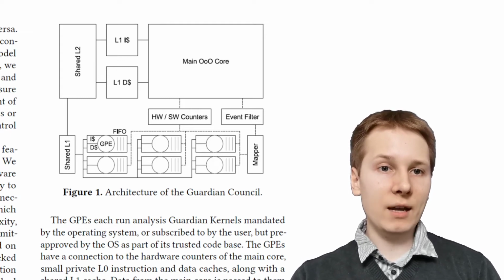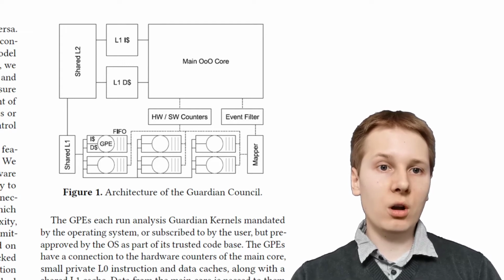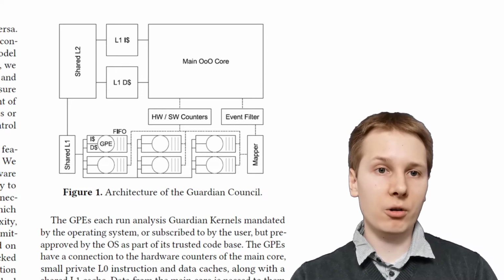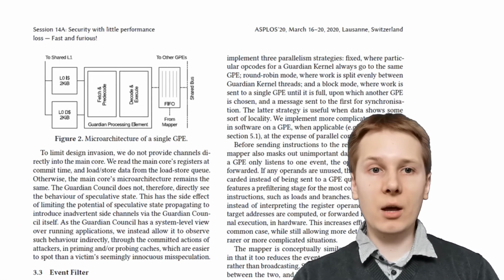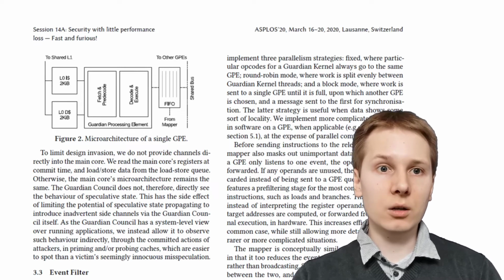The key to having a high-performance analysis engine that is programmable, the trick behind the Guardian Council, is many core architectures. What you have is your conventional CPU core surrounded by a sea of tiny microcontroller-sized cores, about 1,000th of the size and 1,000 times more efficient than your regular core.